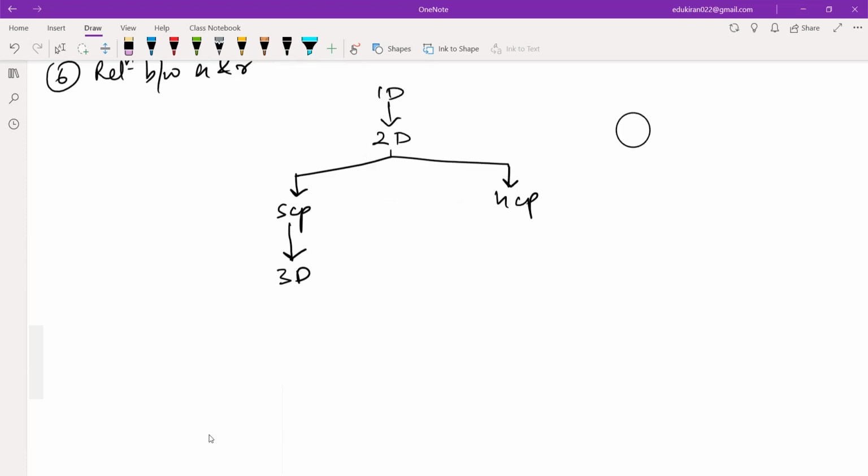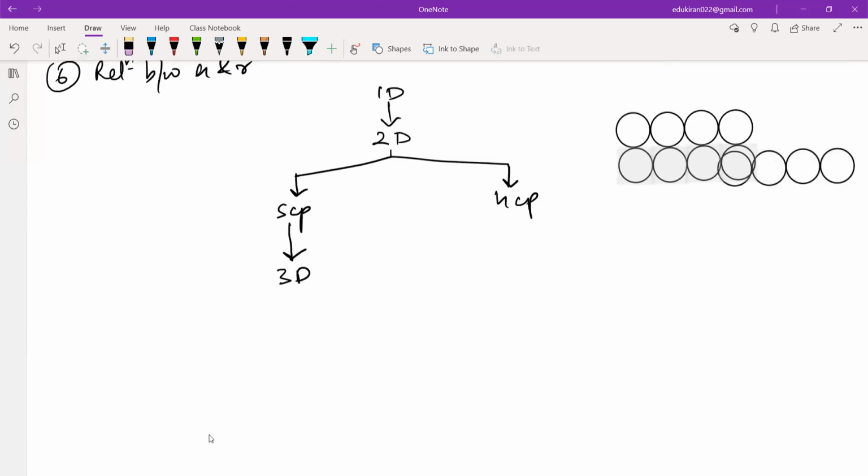So if I show you guys, this is the square close packing, right?